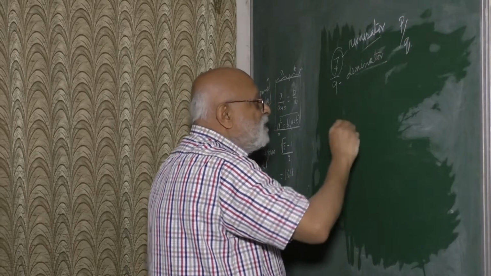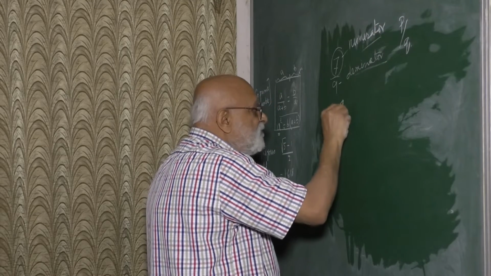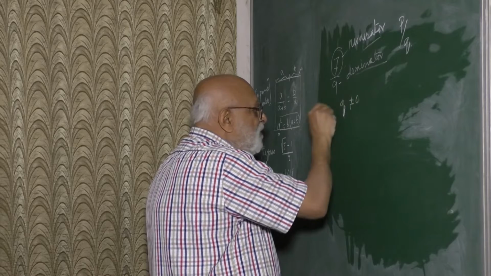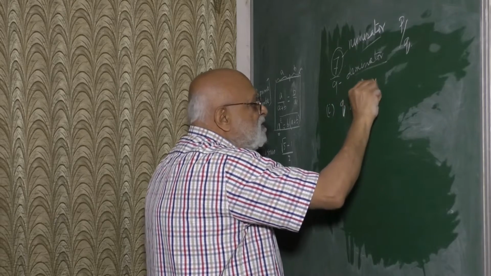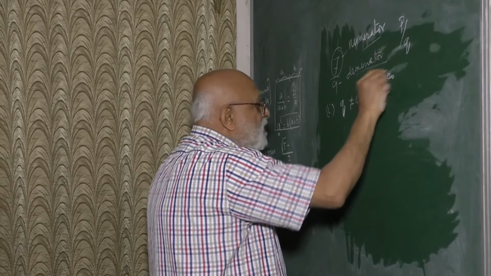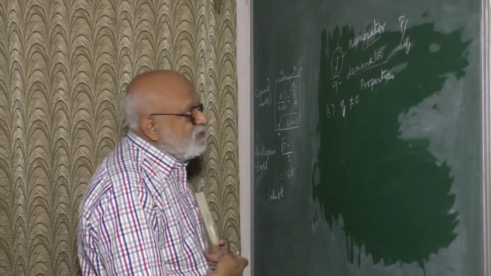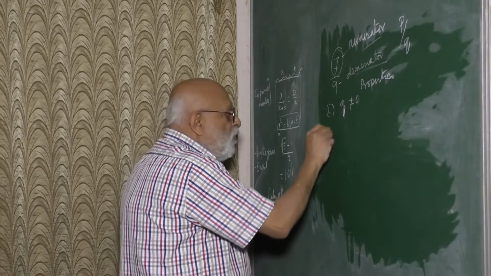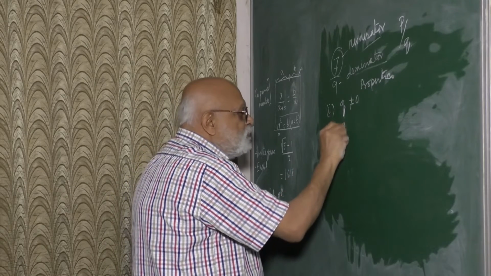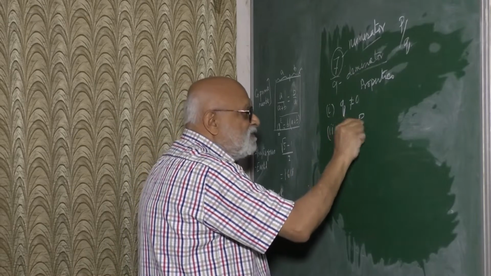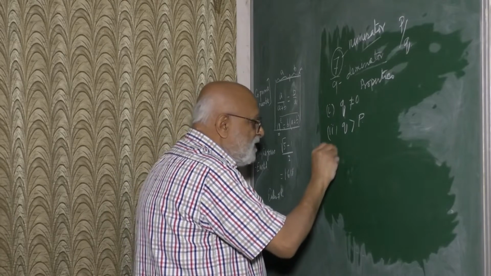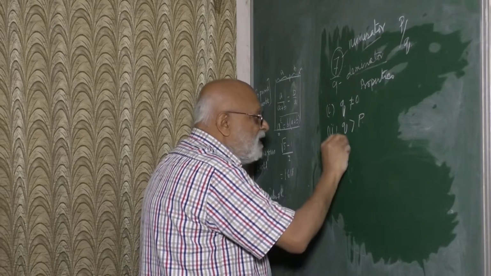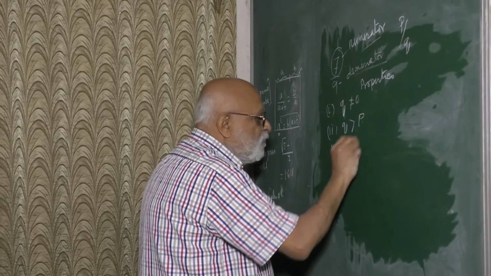And what are the properties of Q? Properties, what are the properties? One, this should not be 0, right? Two, Q should be greater than P. Third, P by Q should be co-prime.